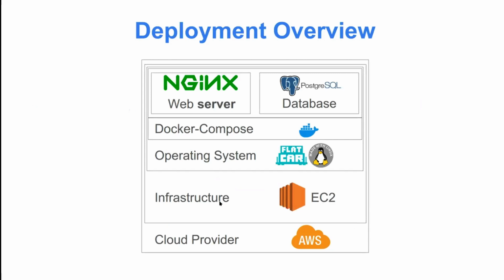Here's an overview of what our deployment is going to look like. From the outside, we're going to be using AWS as our cloud provider. This is a company that is providing us with the tools to deploy various infrastructure.